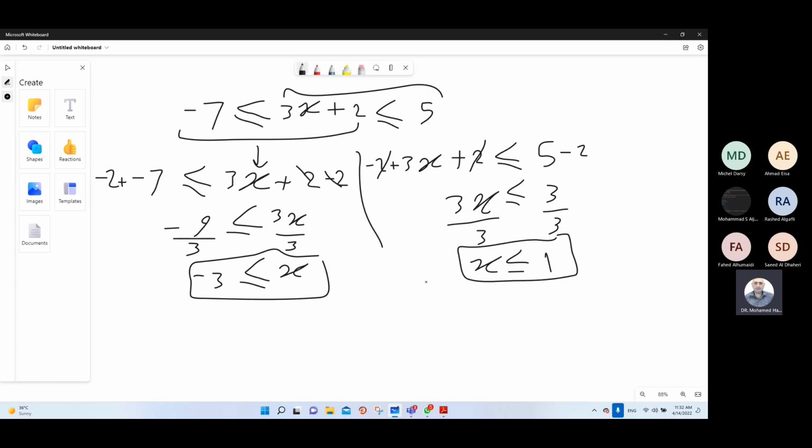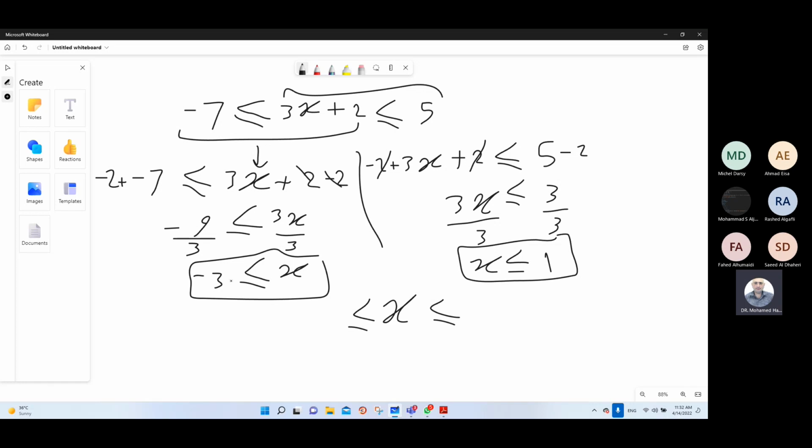Then we want to write the common solution, or the intersecting solution. So take x from here and take x from here, and write here x. And x greater than or equal from this sign and less than or equal the second sign.